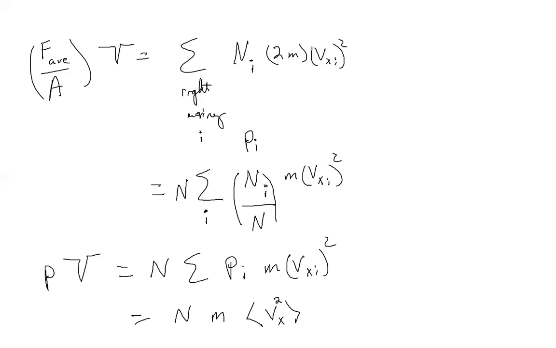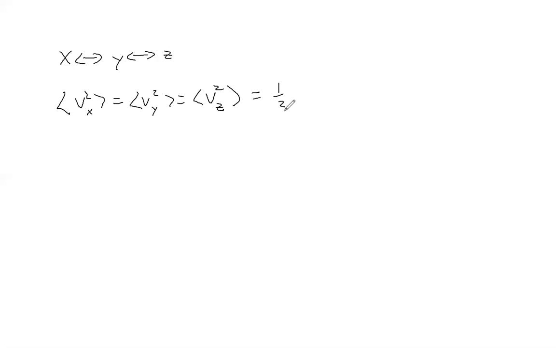Now, I'm going to make use of an assumption I already stated. If x is treated the same as y is treated the same as z, as far as the molecules are concerned, then it should be true that Vx squared equals Vy squared equals Vz squared, which must be the same as 1/3 of Vx squared plus Vy squared plus Vz squared, otherwise known as 1/3 the vector velocity squared.